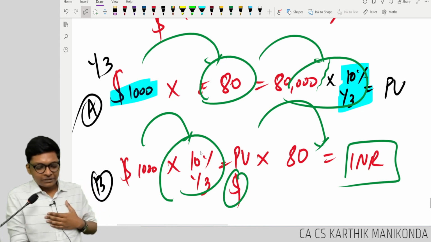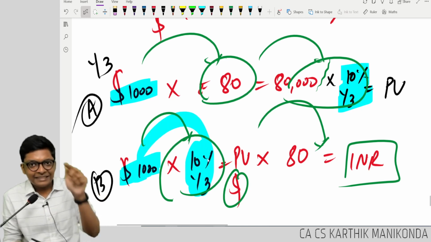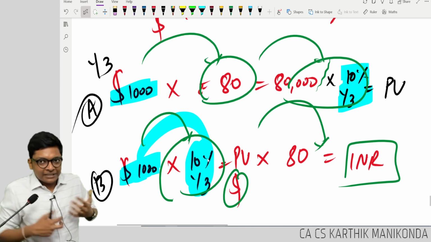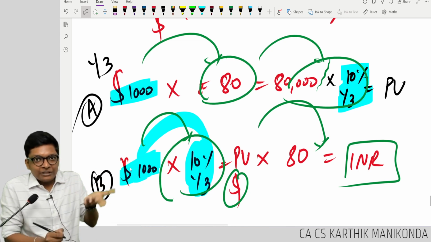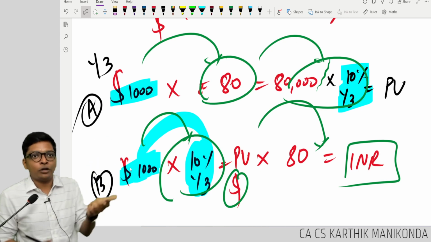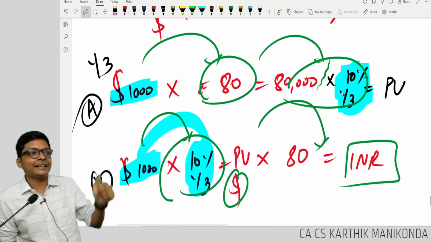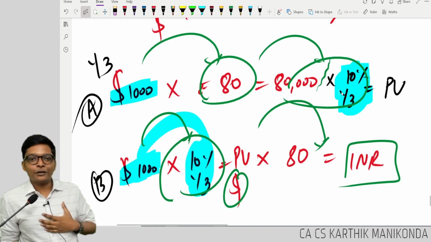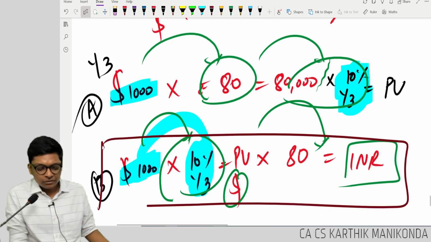Method B. Because this discount rate is a dollar rate. So that currency should have that currency's risk only, no? The chance of me getting $1,000 in year 3 depends upon the risk of the asset in Africa, not the risk in India. How can I use the Indian discounting rate for a foreign currency? Are you getting the logic, guys? So you will never forget. So what is the answer?